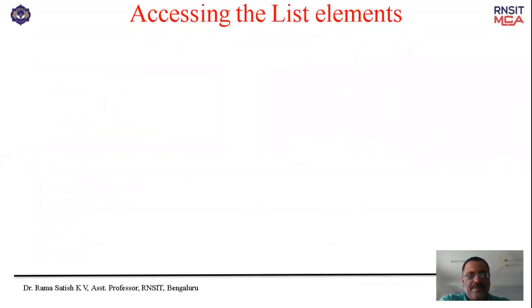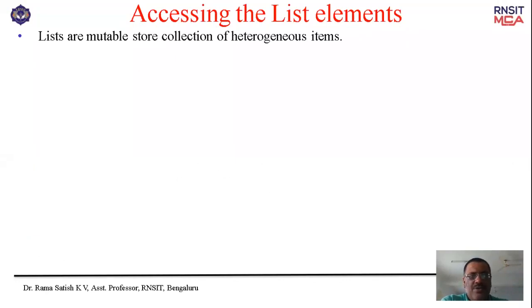Next, accessing the list elements. I have already said, if you want to access the list elements, you have to use index numbers. And here is one very important terminology that is coming in. What is that? Lists are mutable. Somewhere we learned mutable, immutable. Strings are immutable.